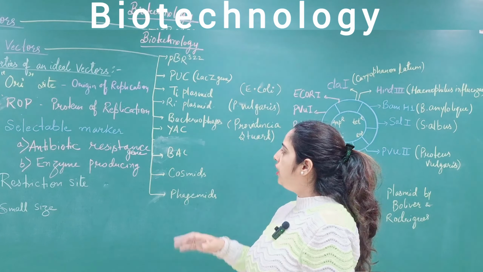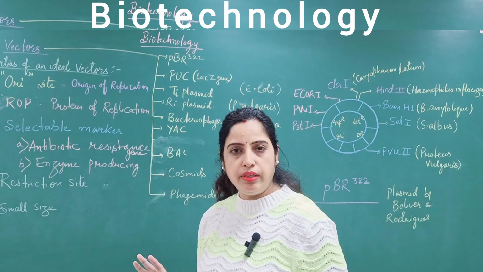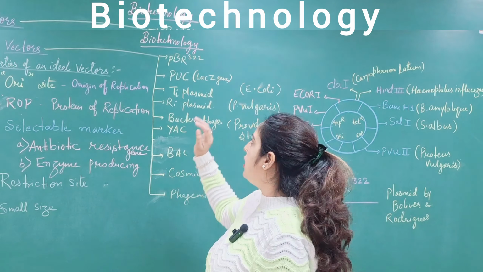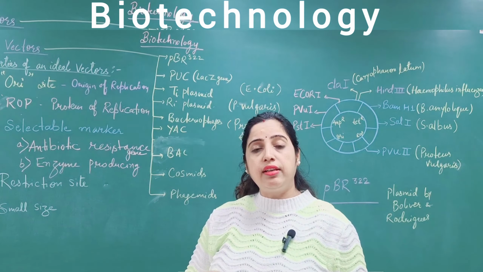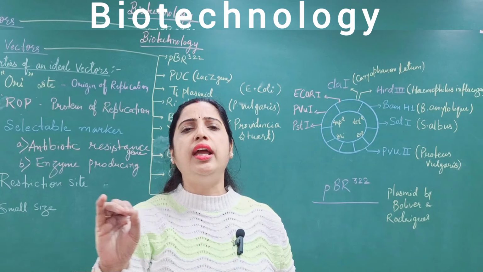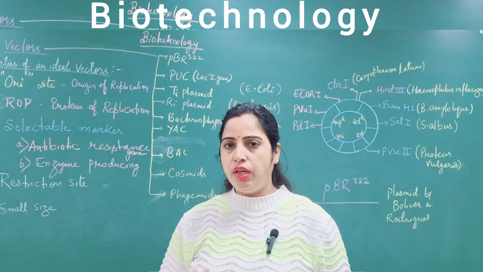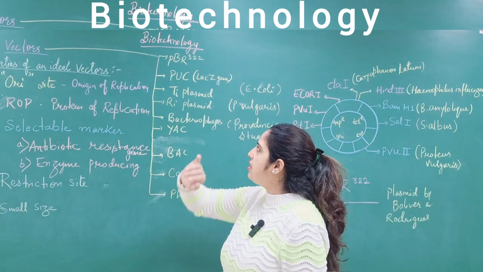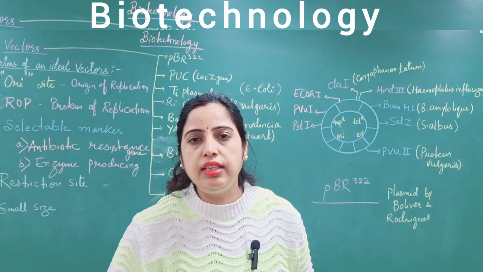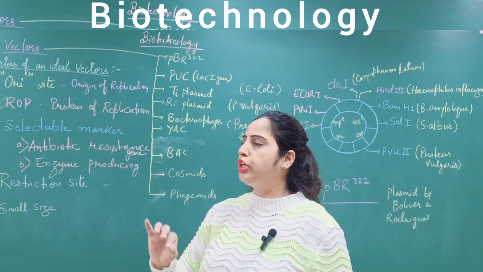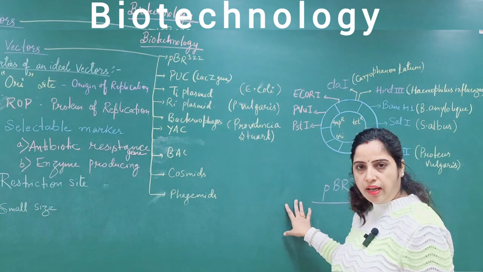Okay, so here, NEET aspirants, you must know what the important vectors are, and you will get the questions line by line from the NCERT. You must have seen a diagram in the chapter of biotechnology of a very famous vector.